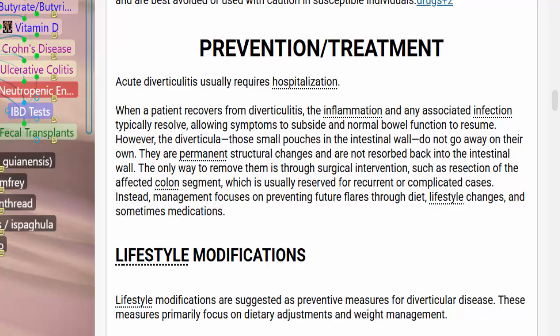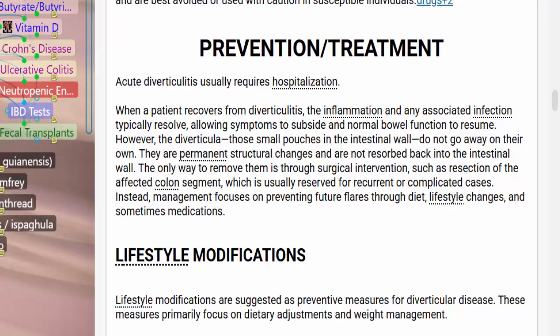However, the diverticula, those small pouches in the intestinal wall, don't go away on their own. Those are permanent structural changes. They're not resorbed back into the intestinal wall.